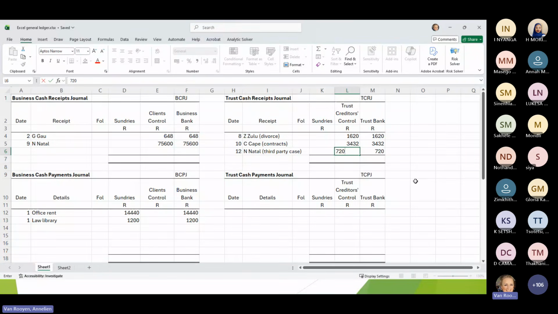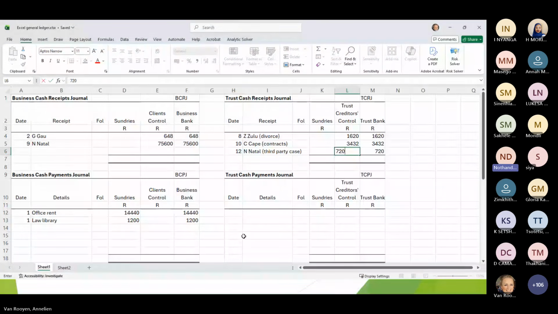Now we keep on reading. Remember, there's more than one. This one has got more info. The attorney's practice pays 60 Rand for a police report from these funds. Where are we slotting this transaction into?